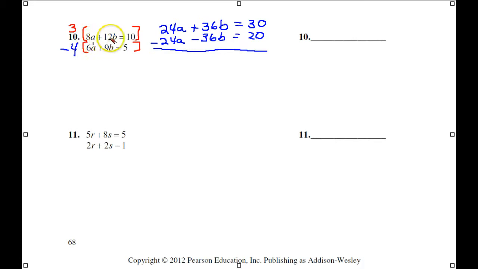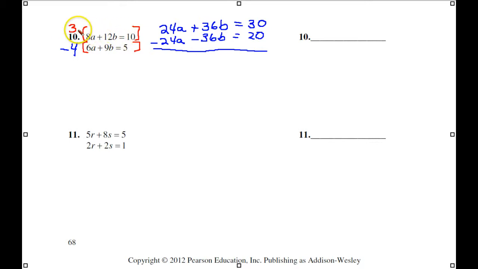We want to get one of these terms to cancel out. Now, if I multiply the 12b by a 3, that'll make it 36. And if I multiply the 9b by a negative 4, that'll make that a negative 36. So that's what this is indicating.